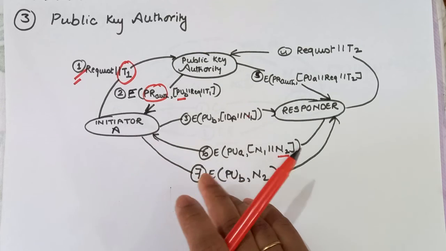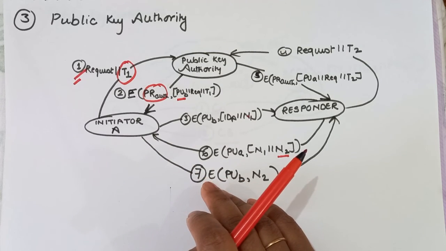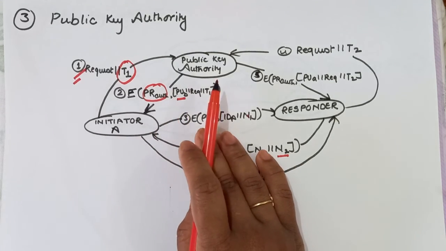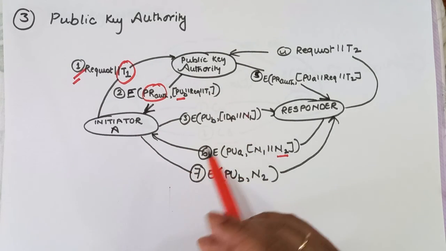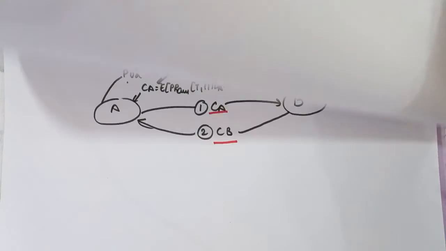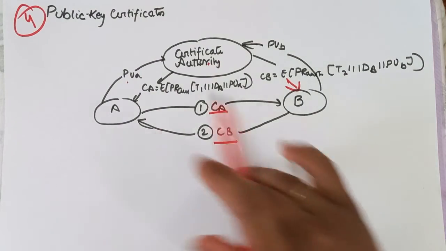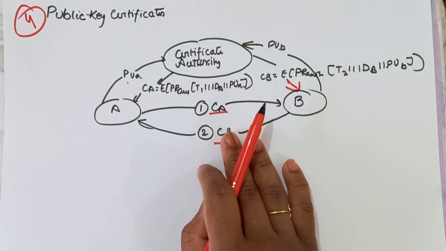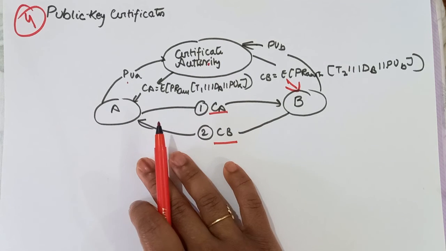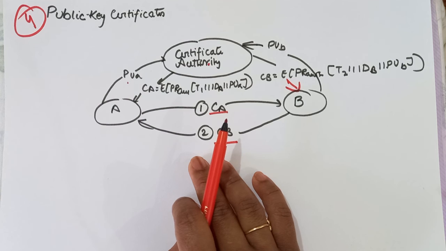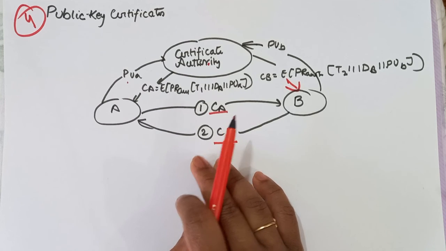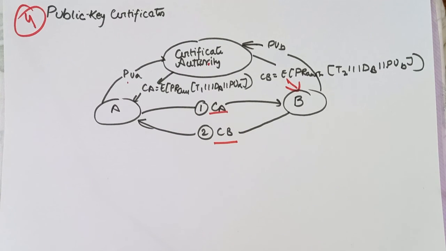Anybody who wanted the public key of another party would first request the public key authority, and the public key authority would send a message to the initiator, and so on. This was the public key authority, after which we did public key certificates. Here the public keys were communicated in the form of certificates. So this is the end of module 2.